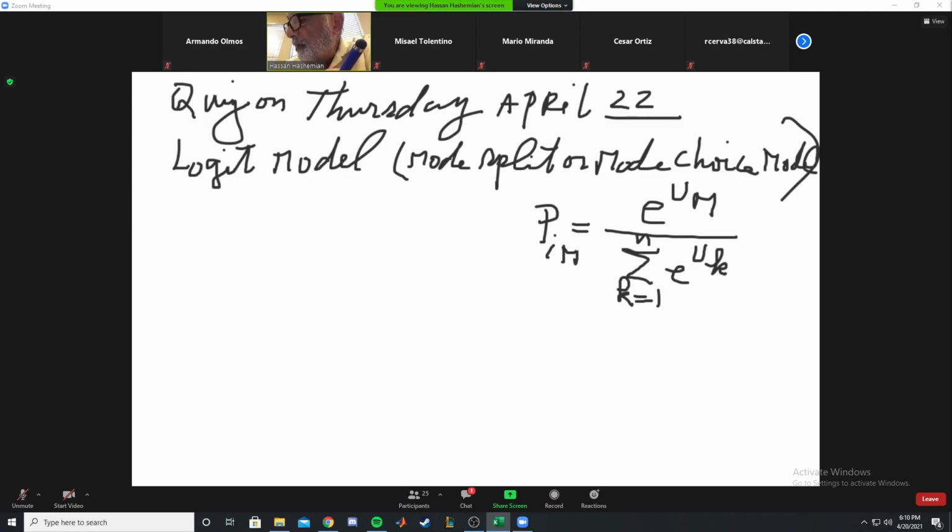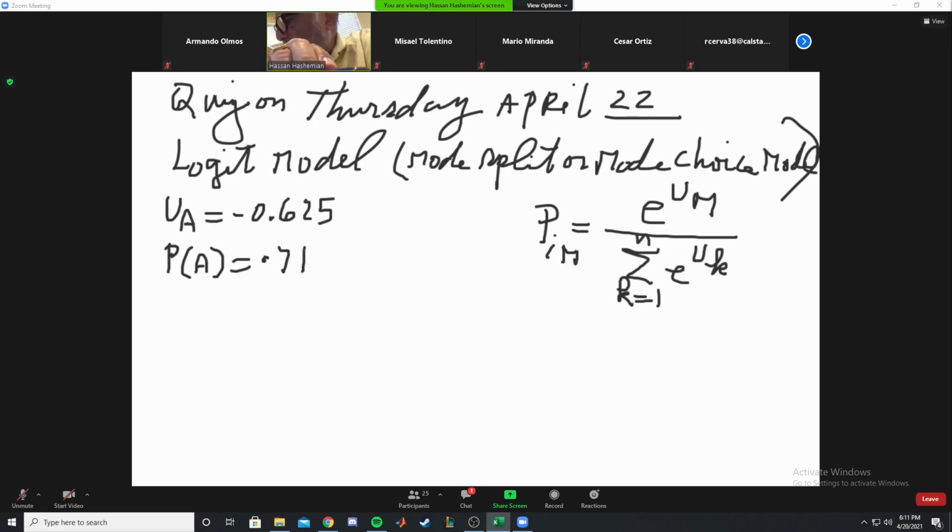In that example that I gave you, we calculated the utility of auto, u sub a, and it was minus 0.625. Then we found the probability of a, which is the probability of a person choosing a mode of transportation by auto, was 0.71.